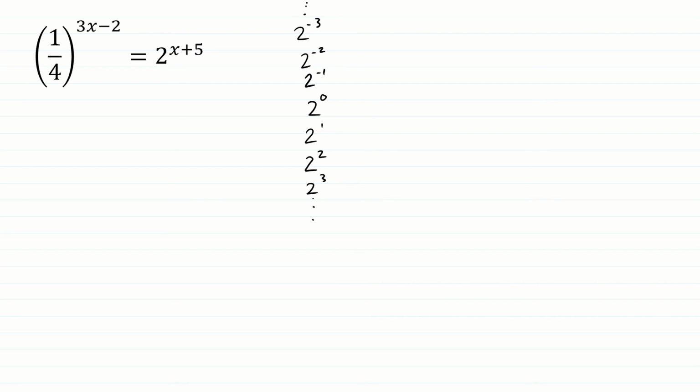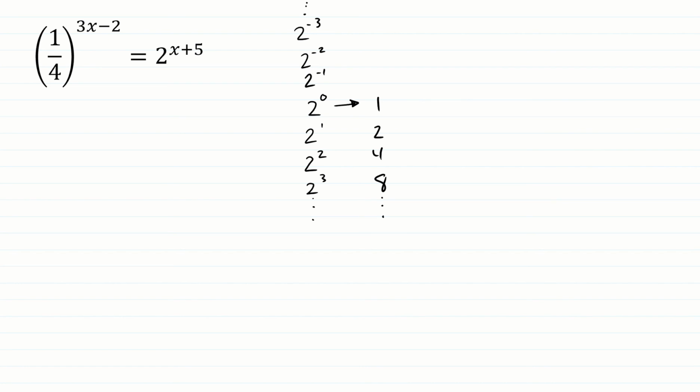Now, right here in the middle of the universe, we know that anything raised to the 0 power is the number 1. And then if I go forward, 1 times 2 is 2, times another 2 is 4, times another 2 is 8, dot, dot, dot.